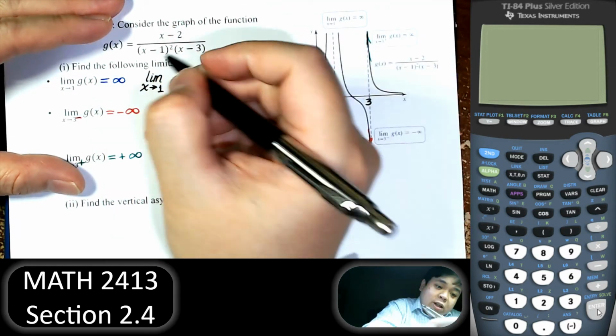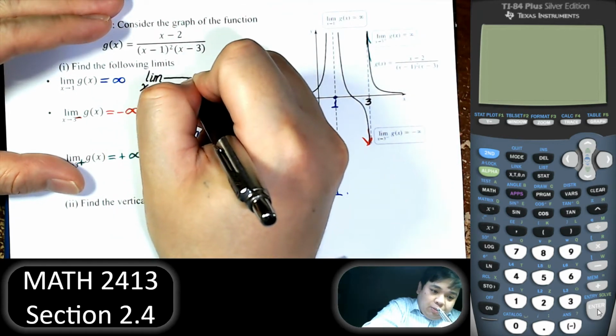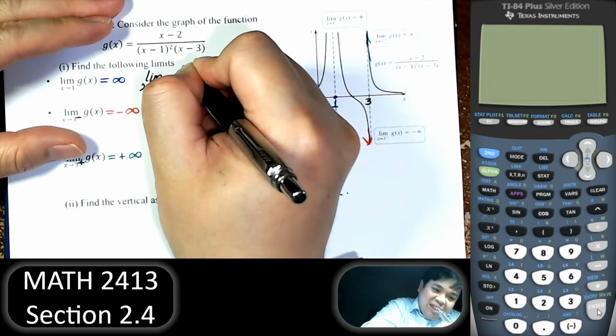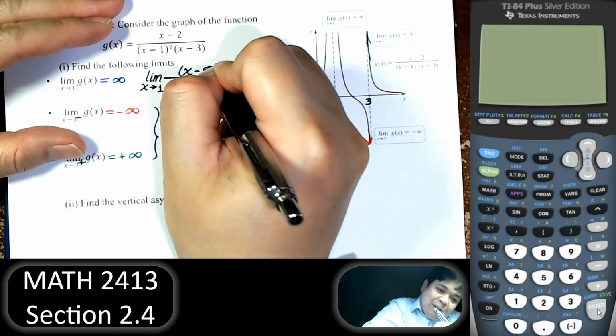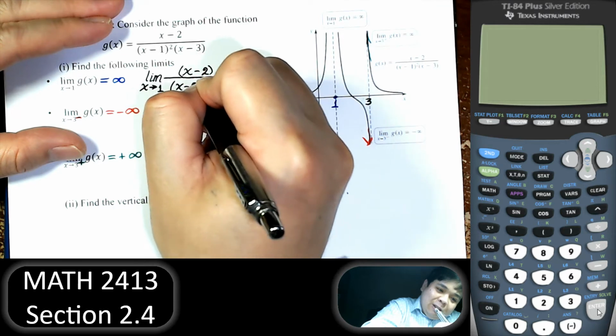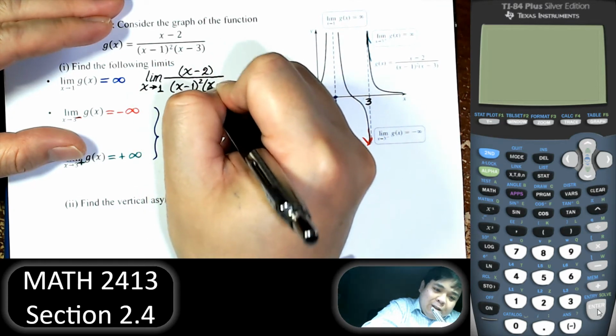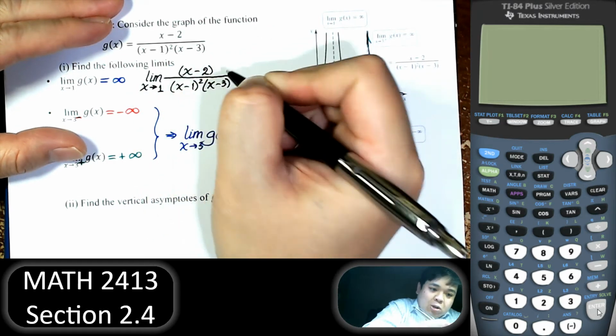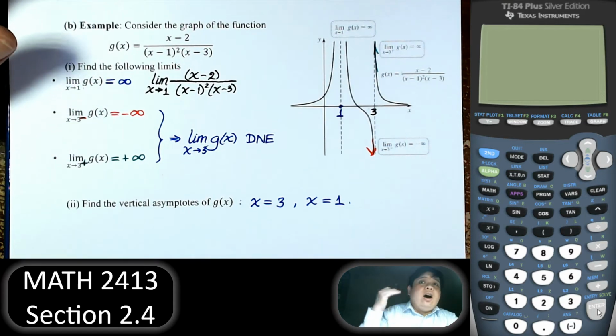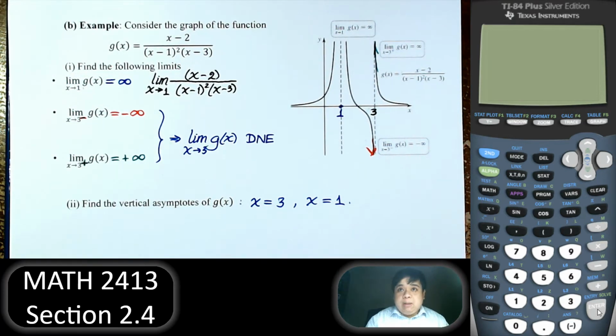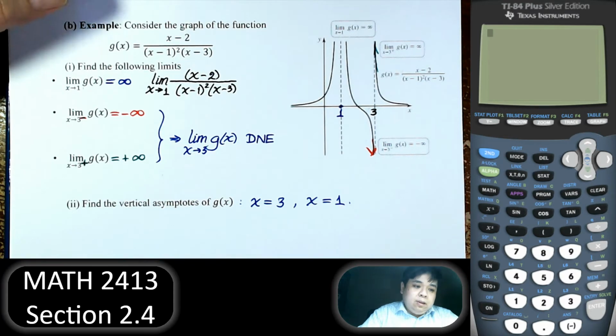If we want to do this numerically, what I do is put 1 on the top, 1 at the bottom, and see what happens.